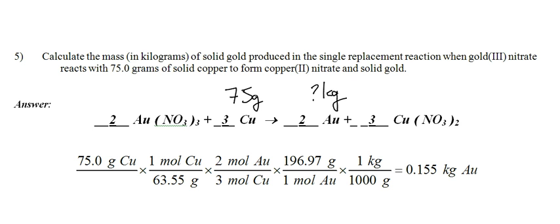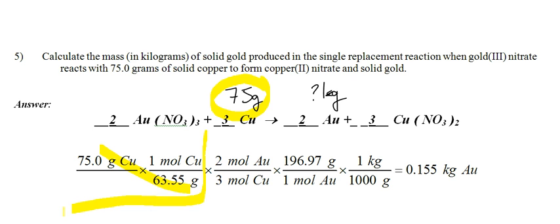All right. So again, we have what we know written down, or what was given in the problem. Step 1, let's write a balanced equation. It looks like this one's a little more involved than the other ones, so we do have all of our correct coefficients here. Take what's given, our 75 grams, and convert it to moles. So boom, we have our moles of copper.